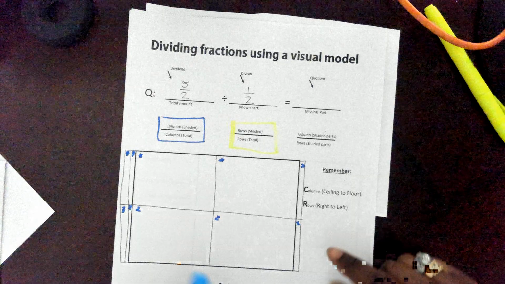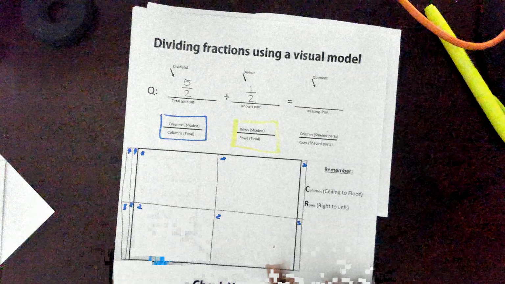All right, and then we go to our rows. We need to shade in one of the 2 rows. And remember, we always start with our original model, so we're only going to shade in one of our new rows.